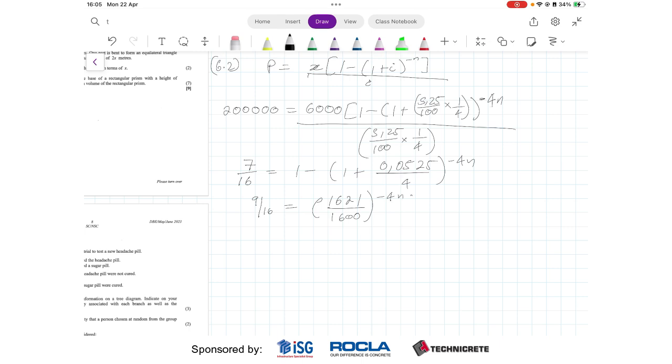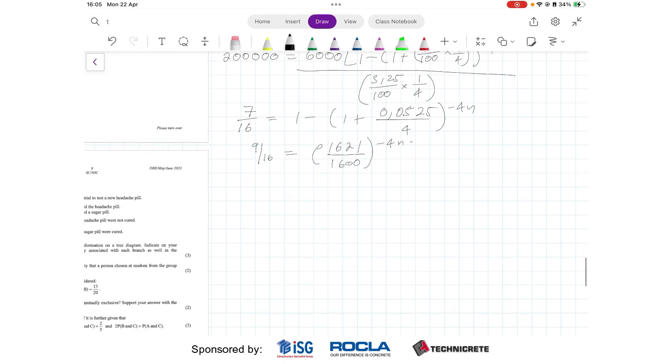So from here, we need to use log laws. When you're using log laws, you know that if you have a to the power of x is equal to b, you can then say x is equal to the log of b to the base a.